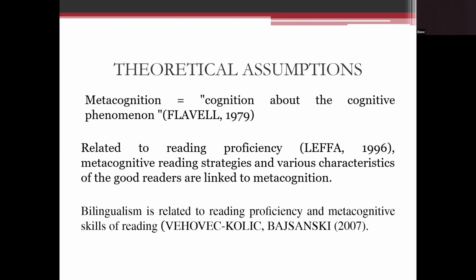Reading proficiency is the second main theoretical construct, and we can see that good readers normally show meta-comprehension and also metacognitive strategy. And the third main theoretical concept is bilingualism. We can see that bilingual readers normally show more frequent use of strategies and also conscious strategies. And normally they have more enhanced executive functions.